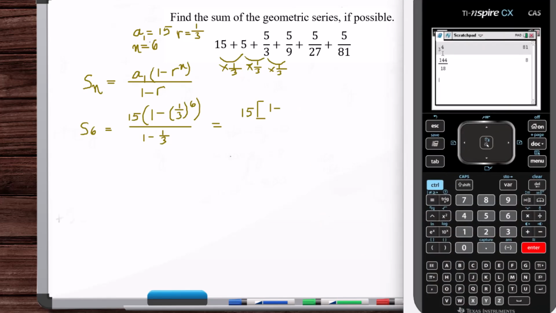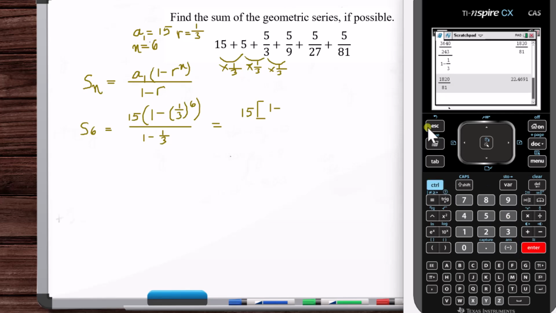So 1/3 to the 6th, 1 minus that, times 15, divided by 1 minus 1/3.